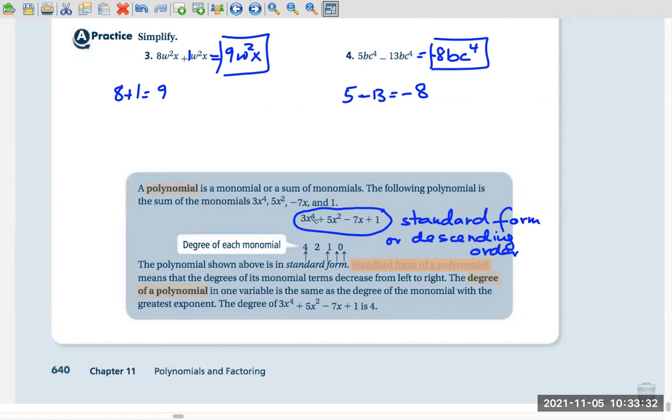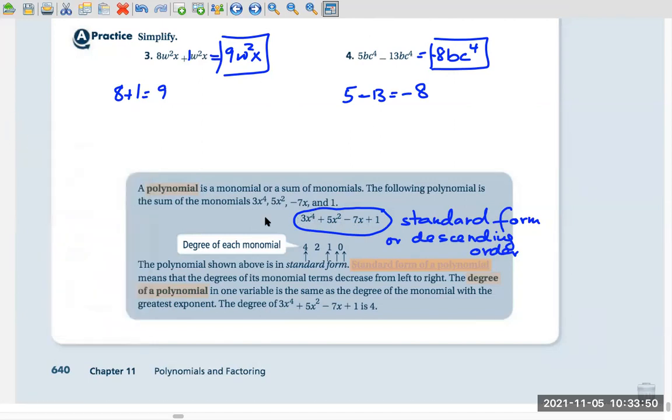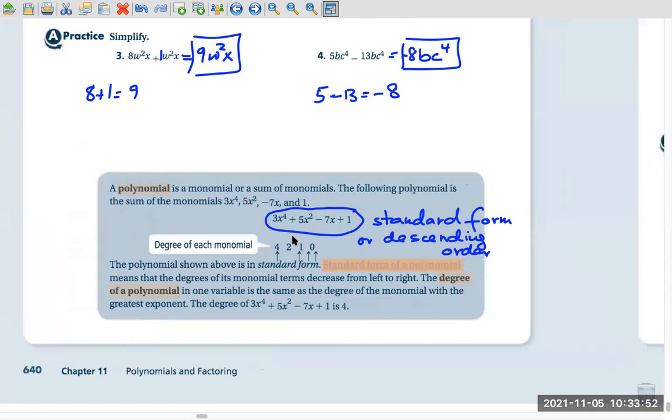So the highest power, x to the power of 4, is first, then comes x squared, that's the next, then comes the x. Last is always a number. If there is a number, that's the constant. That is always last. This is standard form or descending order, and the degree is 4 because that's the highest power. That's kind of all that is on this page.